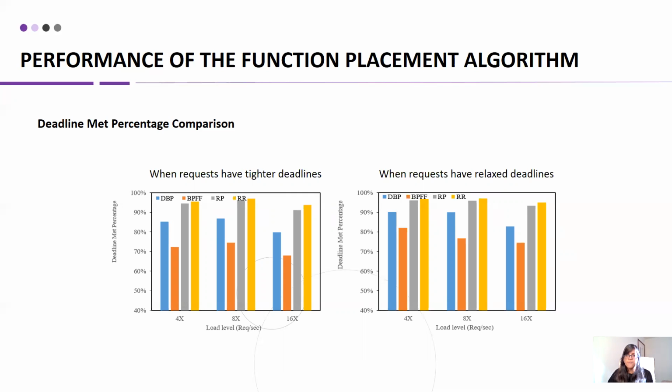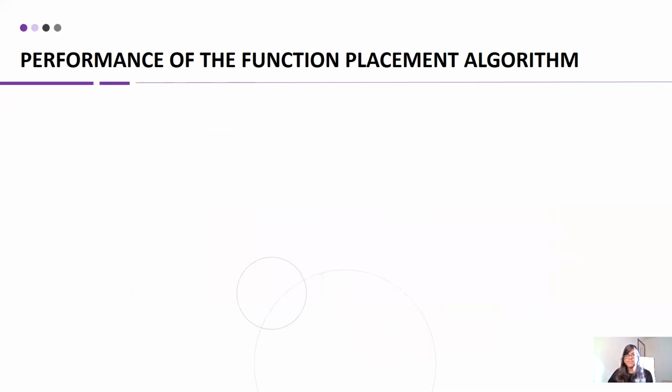So that's the reason. But even in that case, our method, that is the deadline-based placement algorithm, is also able to maintain a low level of deadline violations compared to simple packing heuristic, while also reducing the provider cost by having high resource efficiency, as we discussed in the previous section.